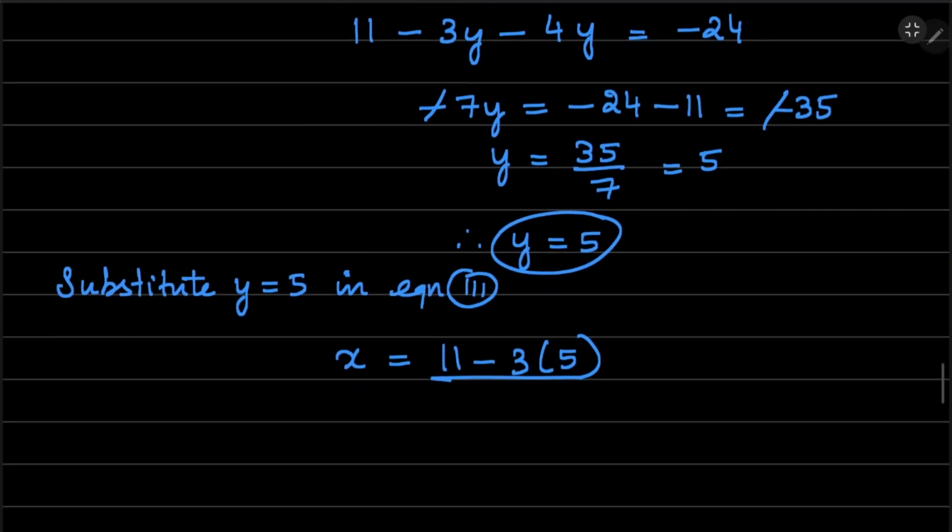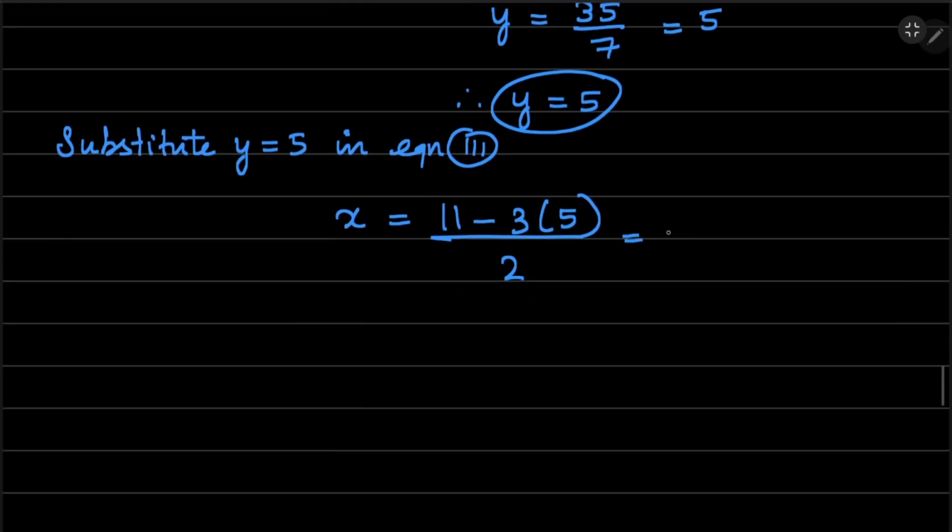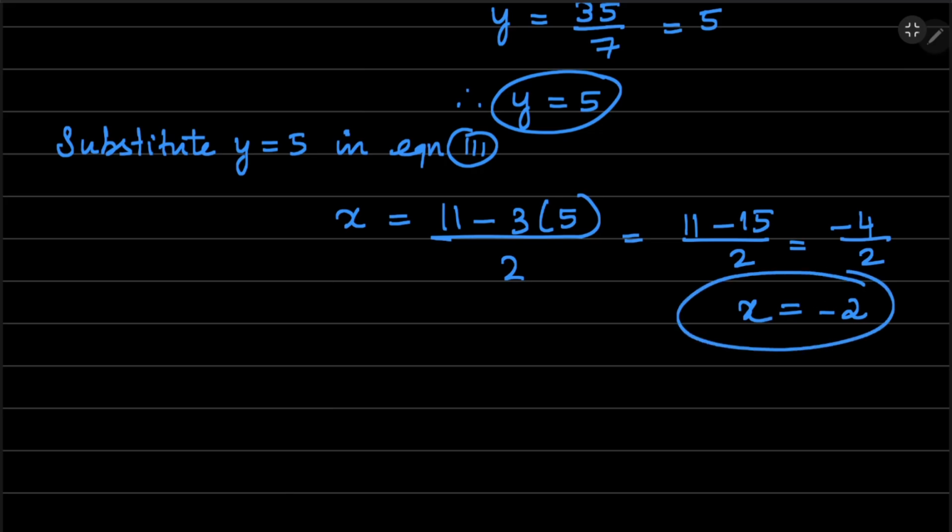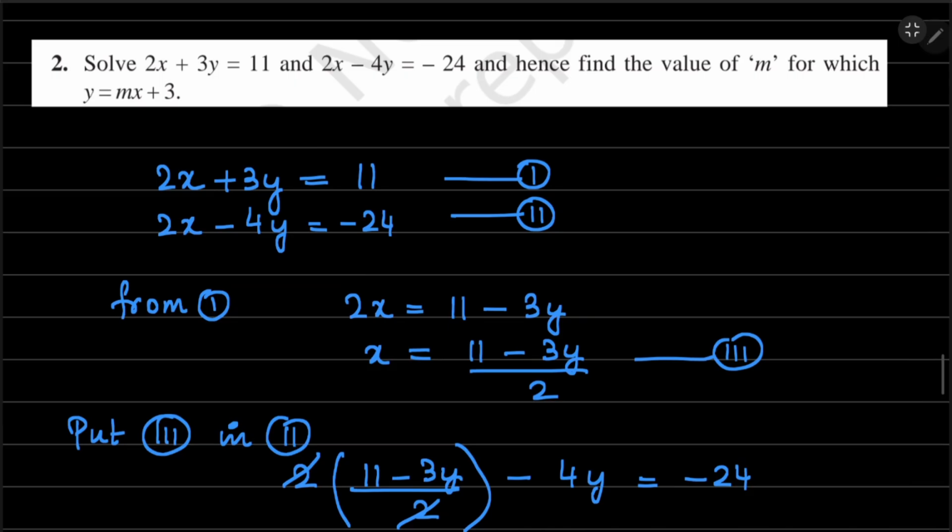So 11 minus 3 5s are 15, by 2, which is nothing but minus 4 by 2, which is nothing but minus 2. So therefore, your x is minus 2. But are you asked x and y? No. You are asked to find, after solving for x and y, the value of m for which y is equal to mx plus 3.